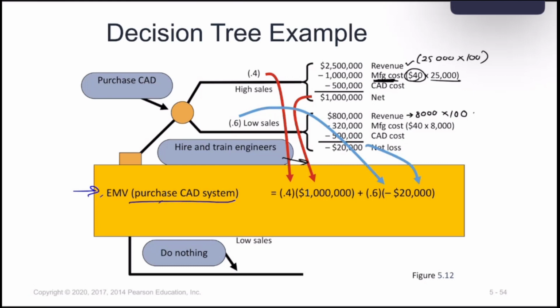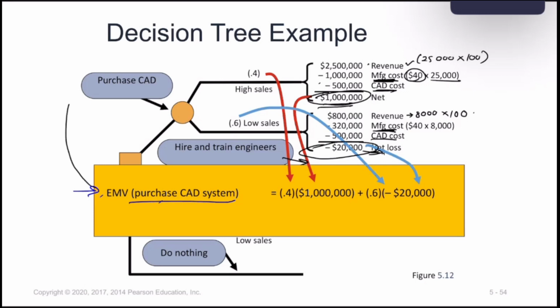So you have manufacturing cost, you have CAD cost, then you calculate the profit. Profit is revenue minus cost, so you get $1 million. Same goes to the low sale. You have a negative value, which means this is the net loss. This is not the final answer.